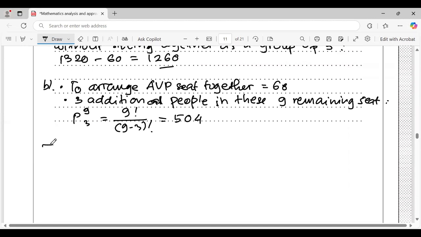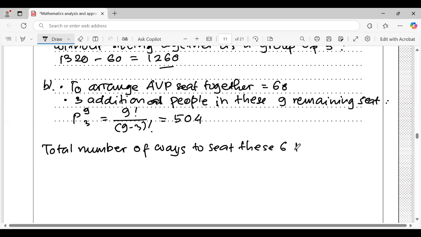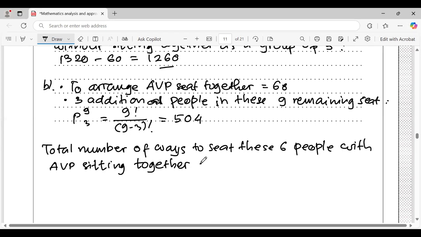So it means we can determine the total number of ways to seat the 6 people, with Anvifanya and Parita, with AVP sitting together as a group, is 60 times 504, and it is 30,240. This one.